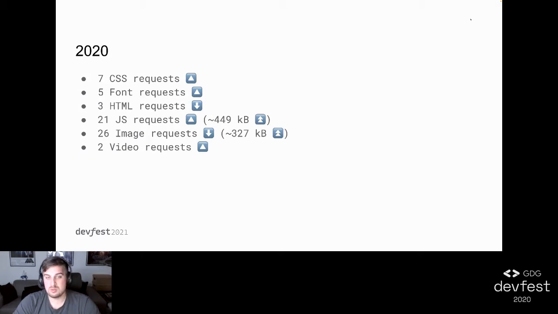The number of image requests has gone down. We went from around 42 on average to just 26, but the size again tripled. So there's again a massive increase, purely because today we live in the world of web where everything is visual. You go to a website, it's going to be full of animations, images, and videos. And that being said, last year websites on average served around 2 videos as well.